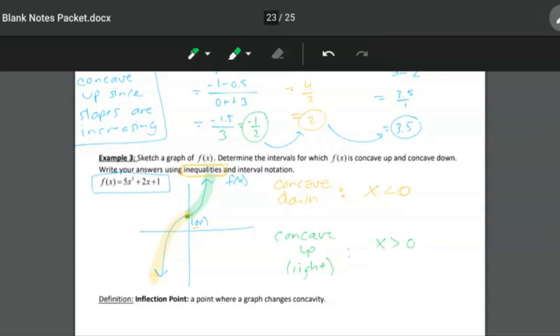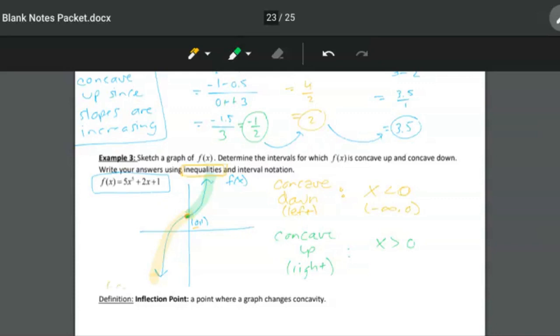All right, if we want to talk about interval notation, we could say the left side is from -infinity to 0. I think -infinity is all the way on the left.